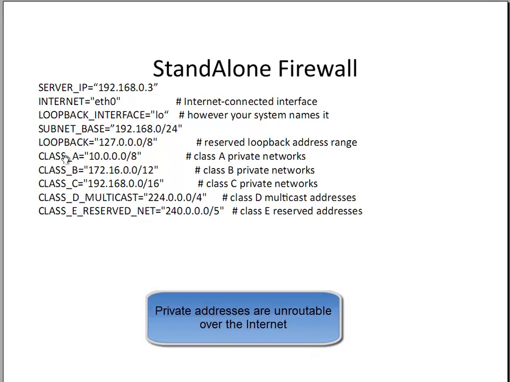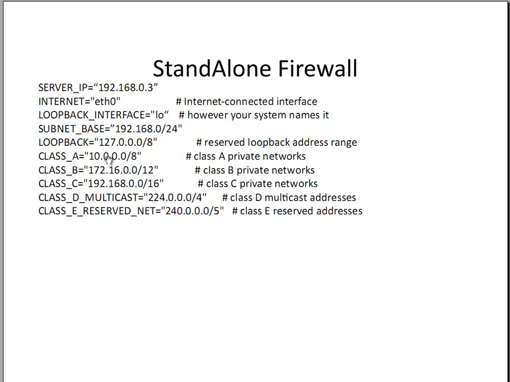Because let's say we're using a router at the edge of the network and we see any of these addresses being routed over the network into our network, we know that these are spoofed addresses because these are unroutable addresses because they're private, and therefore the router shouldn't be seeing them, and if it does, it should be dropping those packets.